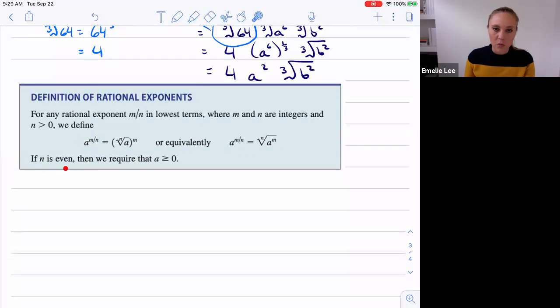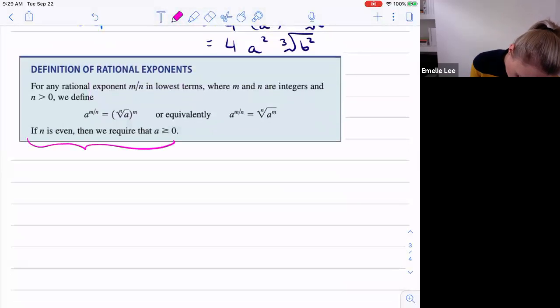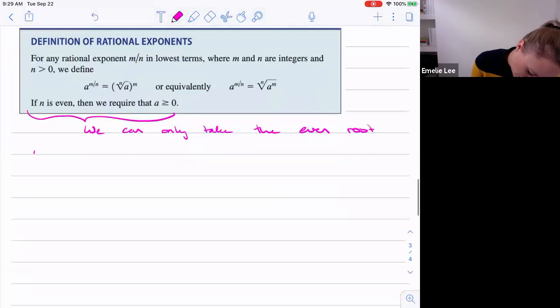Here, one thing to note is that for even roots, we can only take the even root of a positive number.